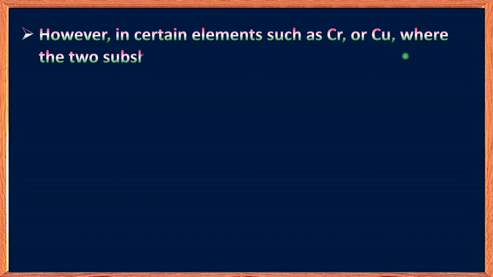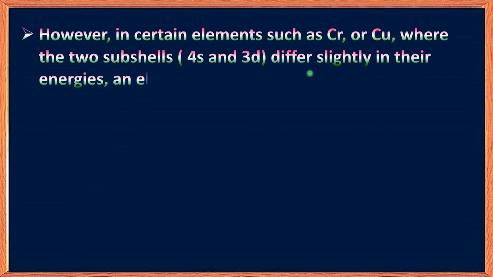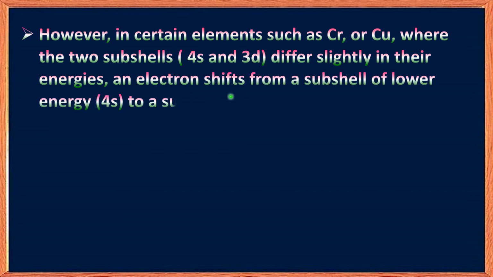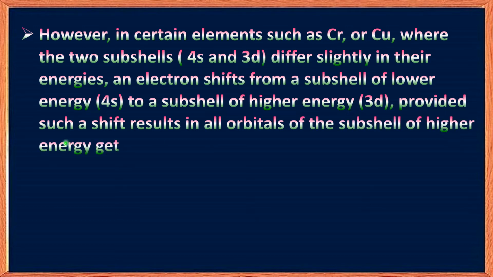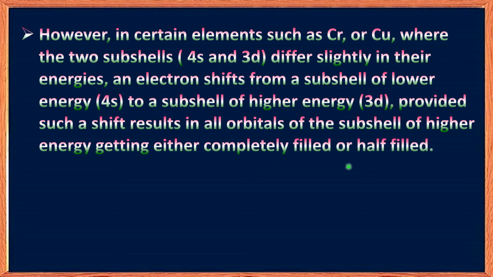However, in certain elements such as chromium or copper, where the two subshells 4s and 3d differ slightly in their energies, an electron shifts from a subshell of lower energy, that is 4s, to a subshell of higher energy, that is 3d, provided such a shift results in all orbitals of the subshell of higher energy getting either completely filled or half filled.